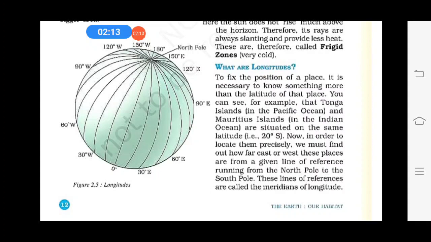To locate them precisely, we must find out how far east or how far west these places are from a given line of reference, which is running from the North Pole to the South Pole. These lines of reference are called the meridians of longitude or lines of meridian.